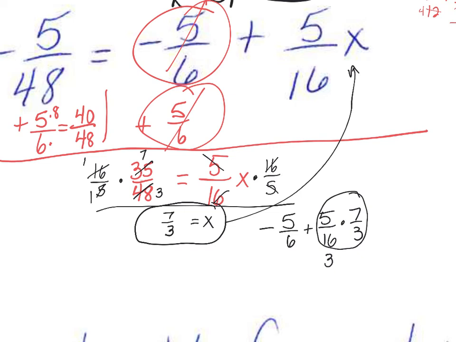I get 35 over 48, right? I have to make the negative 5/6 out of 48, right? So multiply that by 8, that's negative 40, isn't it? Oops, 2 negatives. That's negative 40. So I get negative 5 over 48.